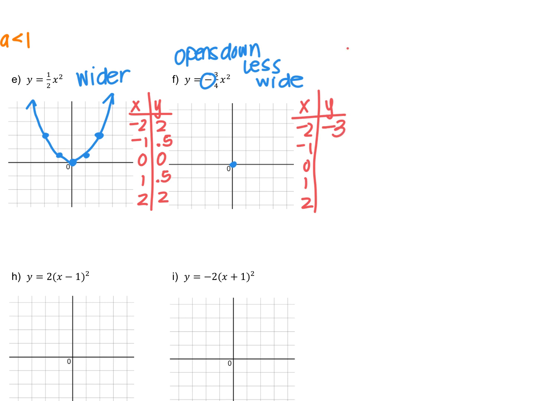So -3/4 times 4/1, the 4's cancel, -3. For -1, it'll be -0.75. So then when I graph it, I have -2, -3, -1, -0.75.